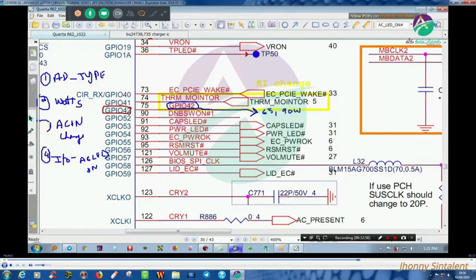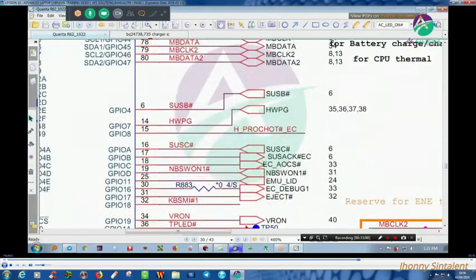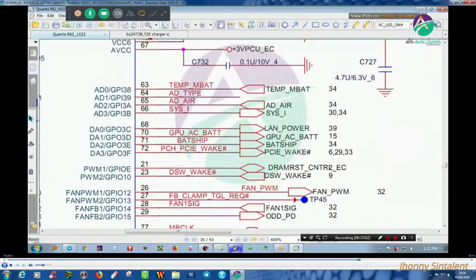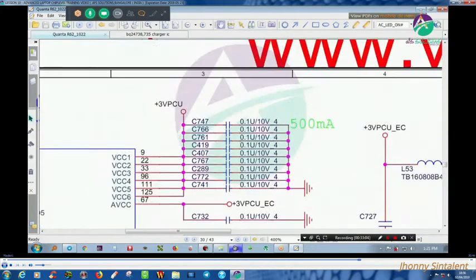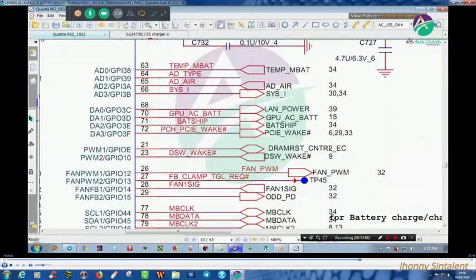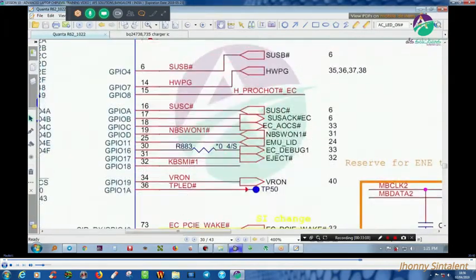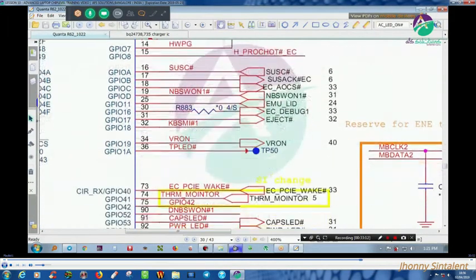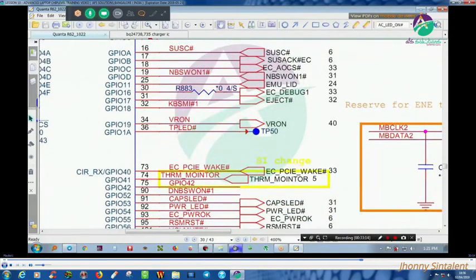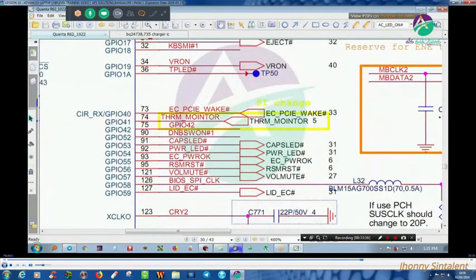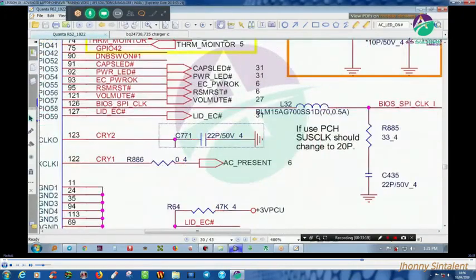Now AC in, let us see where it was. As I told you, it was coming from the charger IC and it has to come to my IO controller. Okay, AC in. It should come from page number 34 because 34 is my charger IC. So I am seeing here the page, it will be easy for me.